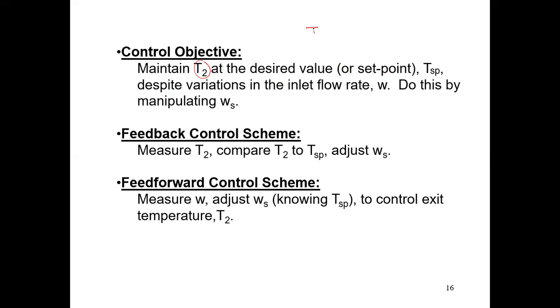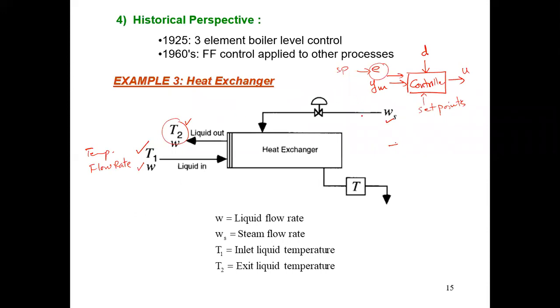So what we need is a set point for the exit temperature T2 despite variations in the inlet flow rate. So W आपके पास vary करेगा, so this is a variation and we need to do this by manipulating WS. और ये WS को हम manipulate करेंगे. How are we able to manipulate WS? By using this control valve.